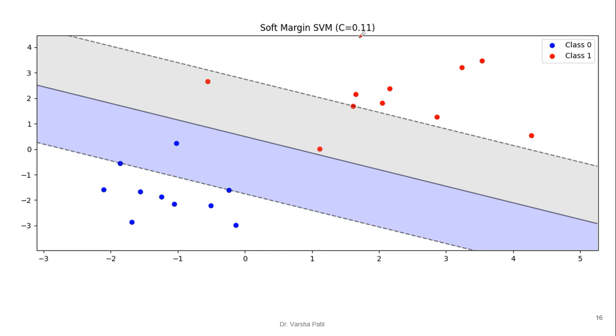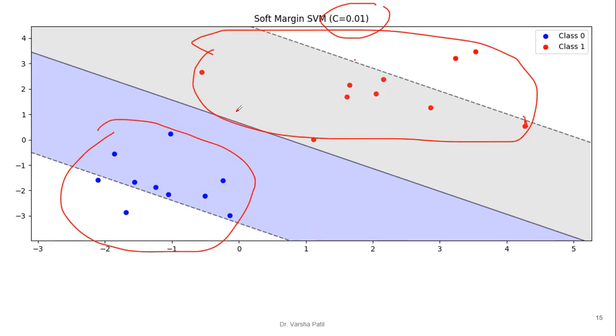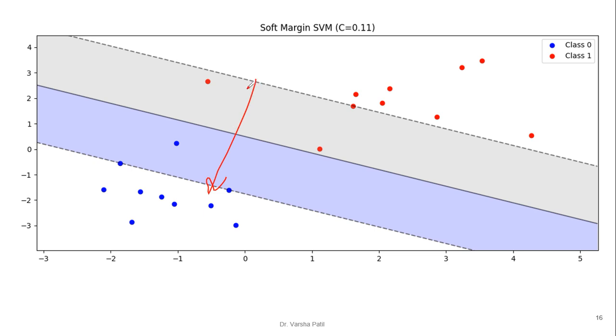Now see, when C is 0.11, you can see that misclassification reduces, but at the same time the margin also reduces, but still it is acceptable, because if we use the smaller C, more misclassification occurs during the training. Here we can see that the margin is also maintained, and at the same time misclassification errors are less.